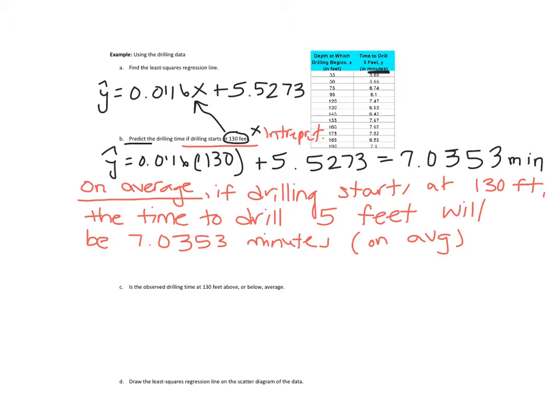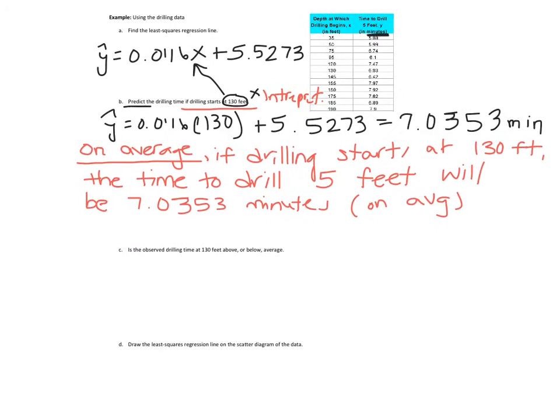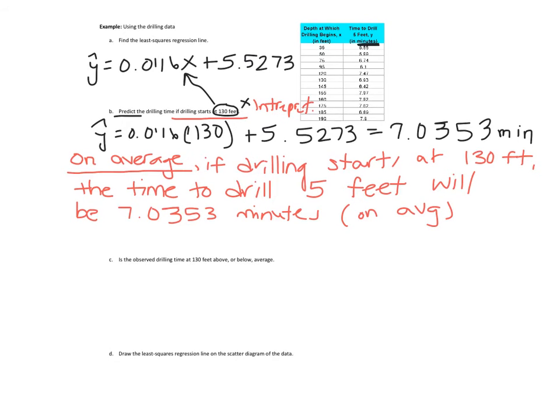Okay, so let's go down to this next part. We want to know, is the observed drilling time at 130 feet above or below average? So observed means we're going back to our table. These are the observations, right? So at 130 feet, in this case, it was 6.93.